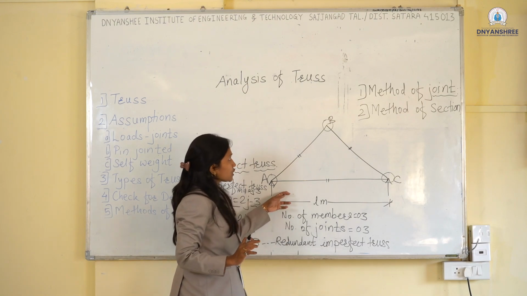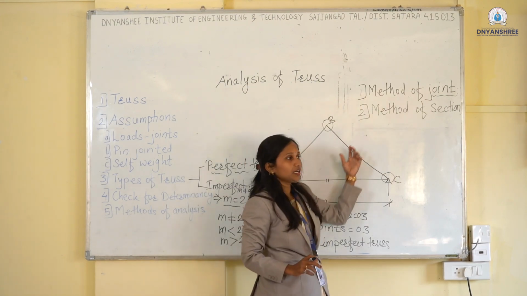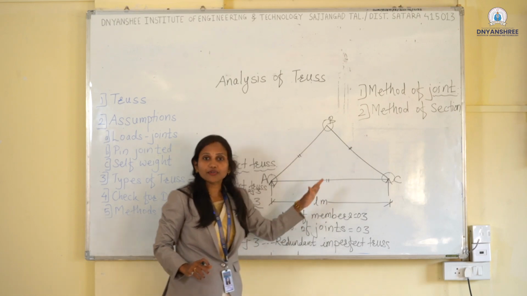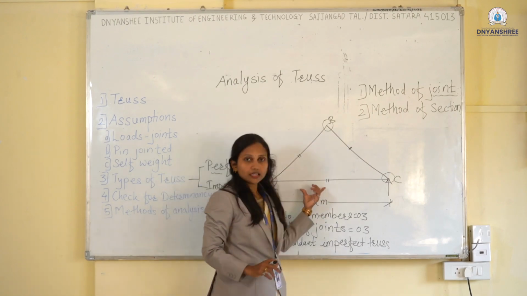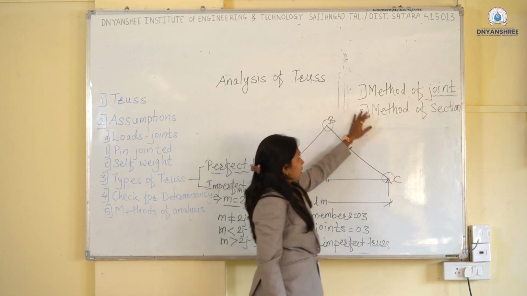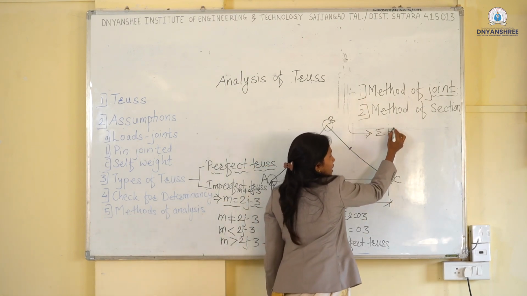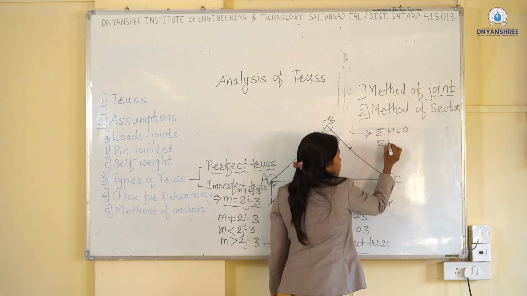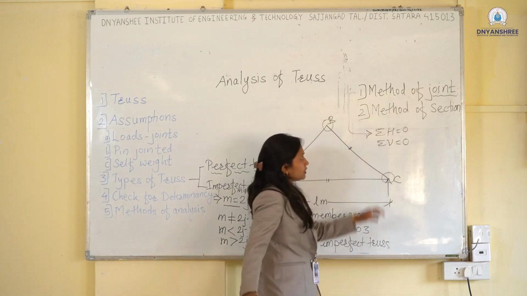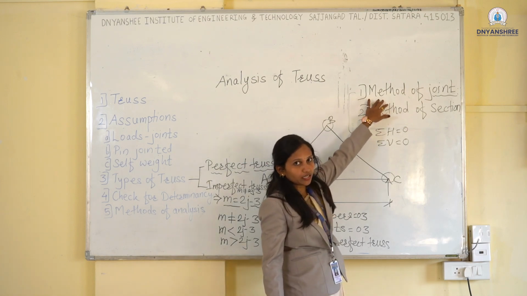In the case of the section method you have to consider different sections, and then you can analyze the truss. In the method of joint you can use summation H equal to 0 and summation V equal to 0, these two equilibrium conditions.